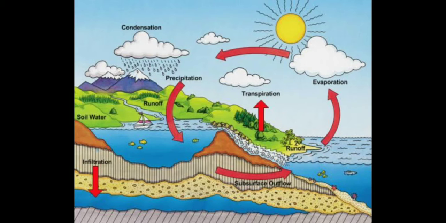Clouds then cool, condense, and finally precipitate in the form of rain, hail, or snow over the land. This natural process brings to us the fresh or sweet water that brings life to the earth.